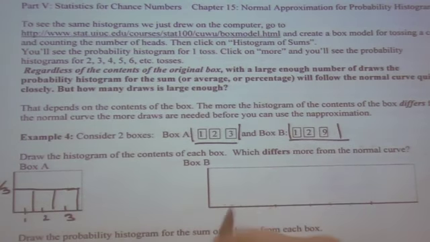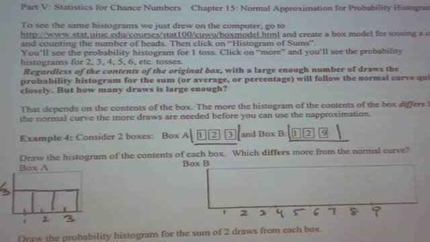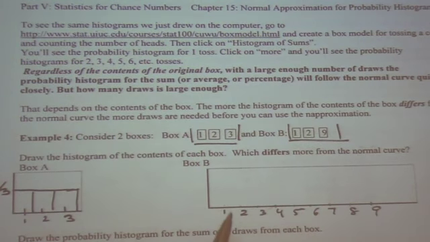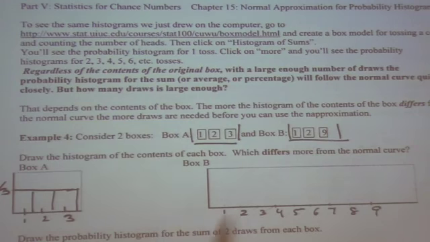Now for this box, we can get what? A 1, a 2, a 3, a 4, a 5, a 6, a 7, an 8, or a 9. No, that's not what we can get. We can only get a 1, a 2, or a 9, all with equal likelihood. But since it's a histogram, we have to draw the horizontal axis to scale.